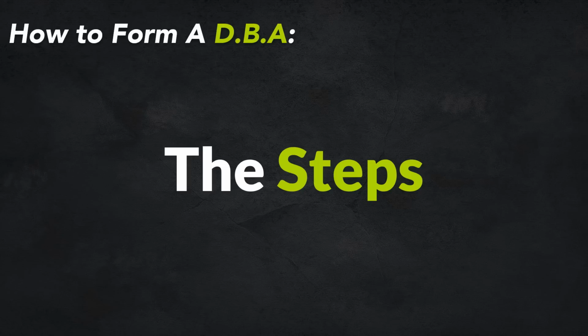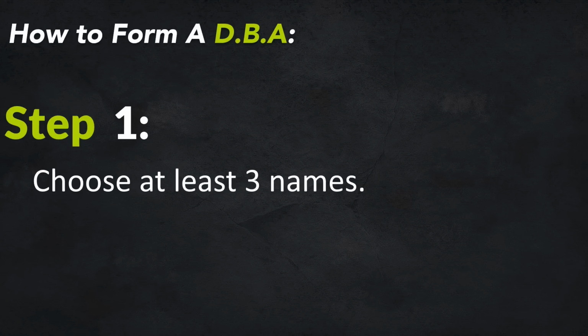There are 7 basic foundational principle steps that no matter where you are, no matter which state or jurisdiction you're in, you're going to need to follow and have ready this information. So let's walk through them, beginning with step 1.